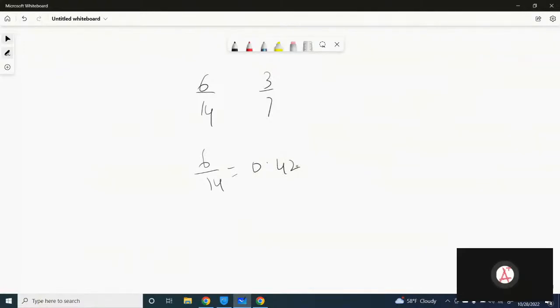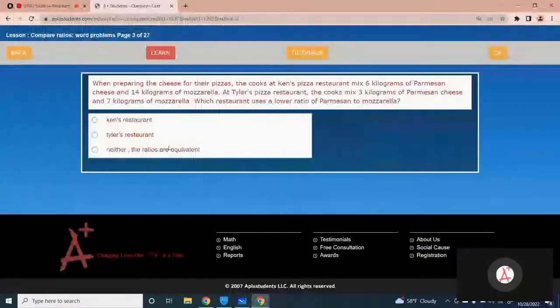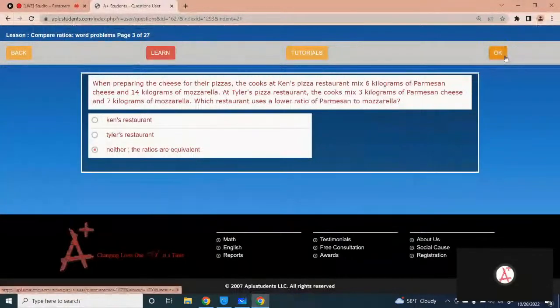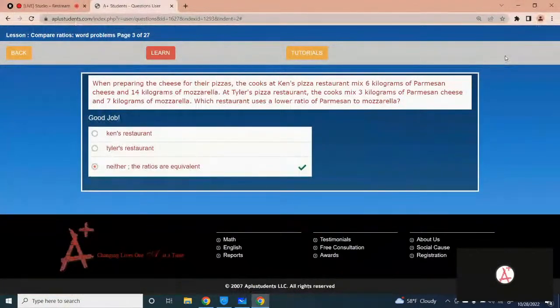Got it? That's what I am doing. 0.428. Okay, and now let's just divide 3 by 7. They have the same number, that is 0.428. That means no one is greater. Both of the fractions are equivalent. Got it? Just select the correct option, click on the ratios are equivalent, and click on the OK button.